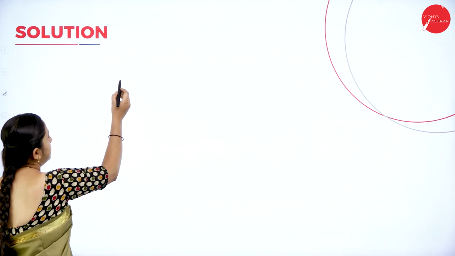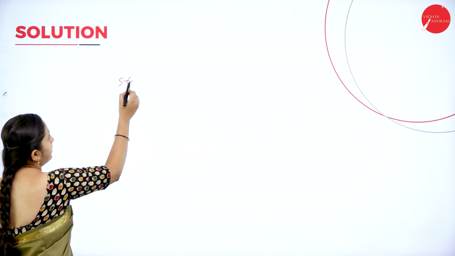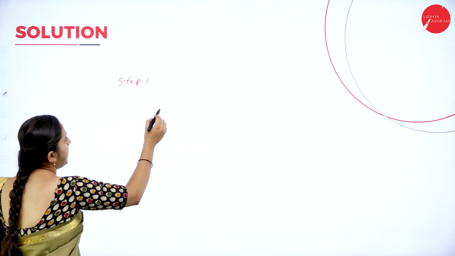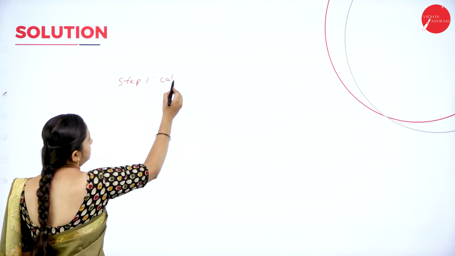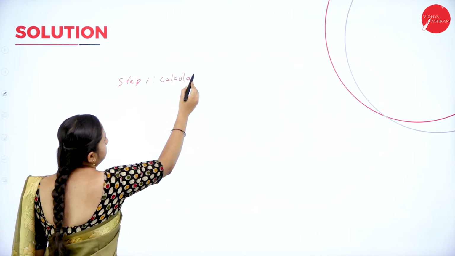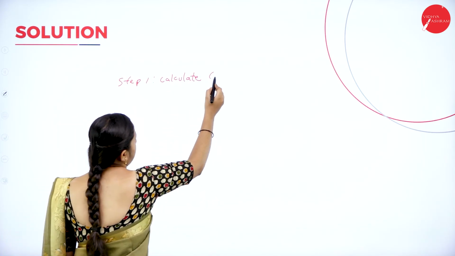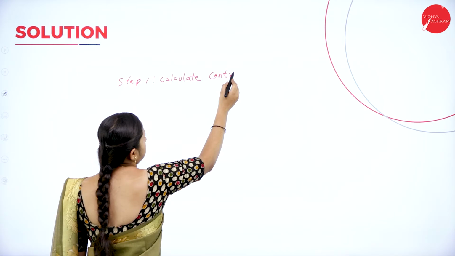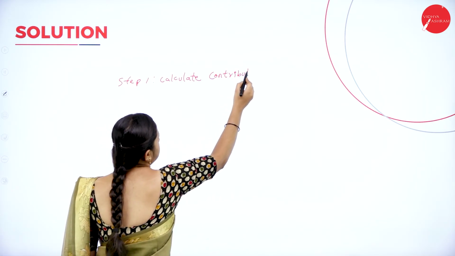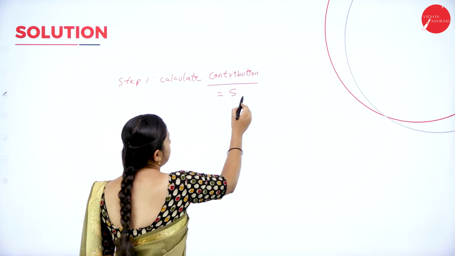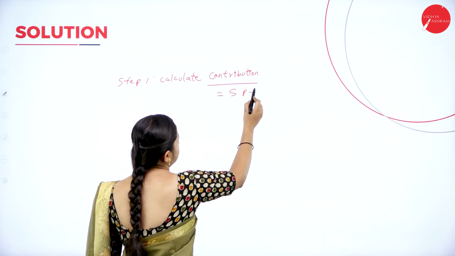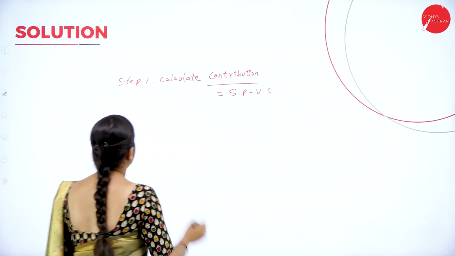First step for this problem. Step 1, calculate contribution. Contribution is equal to selling price minus variable cost.